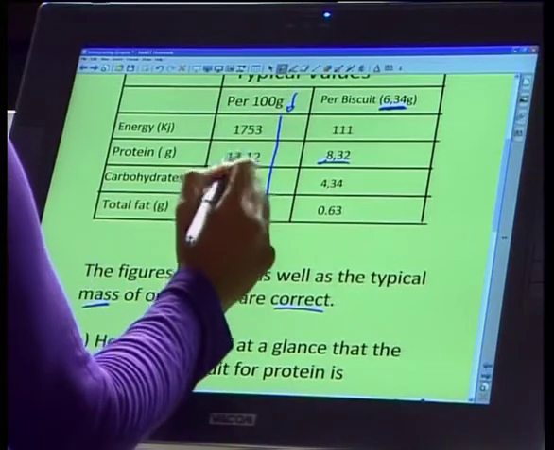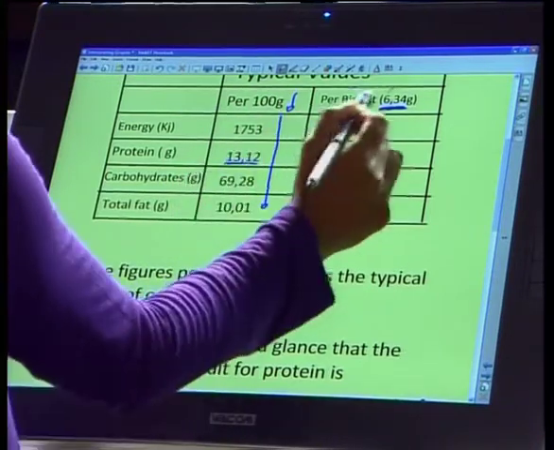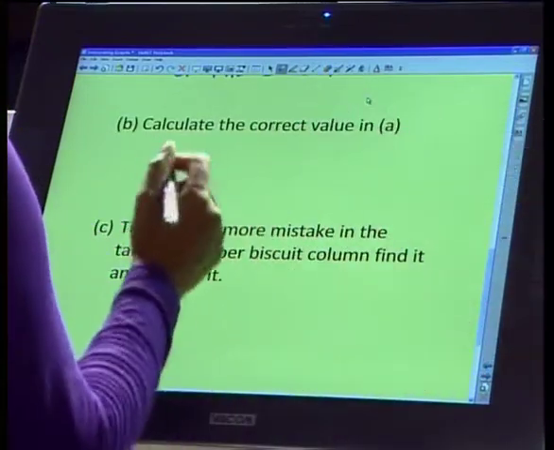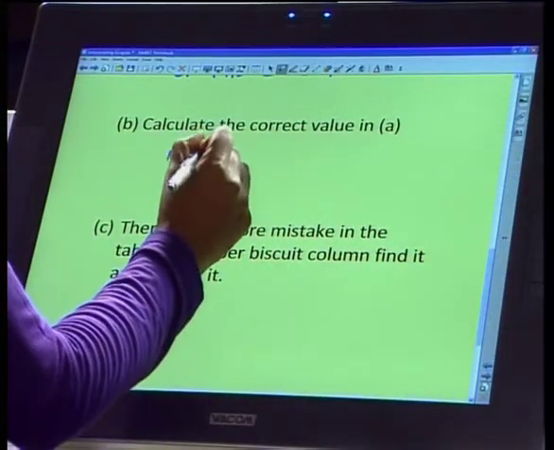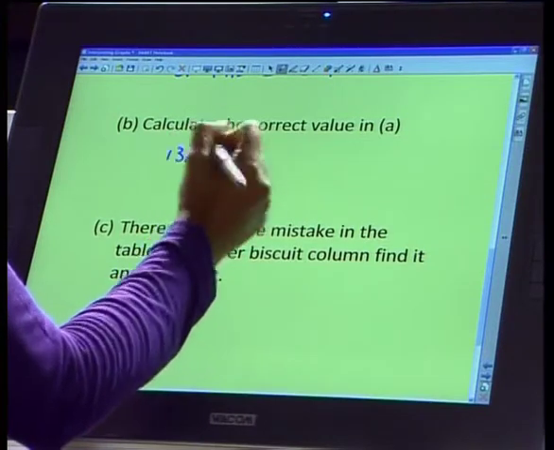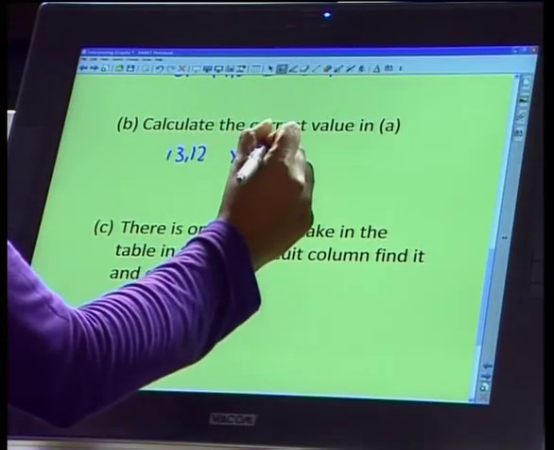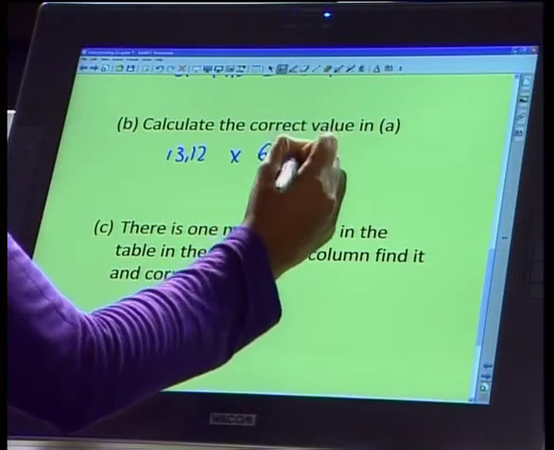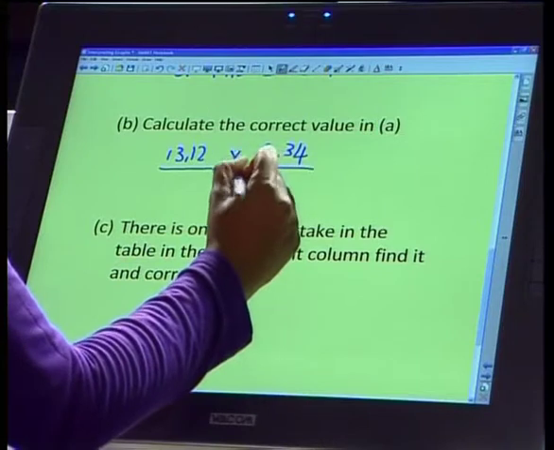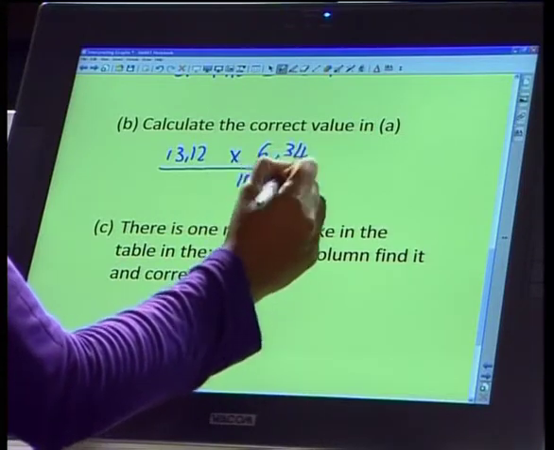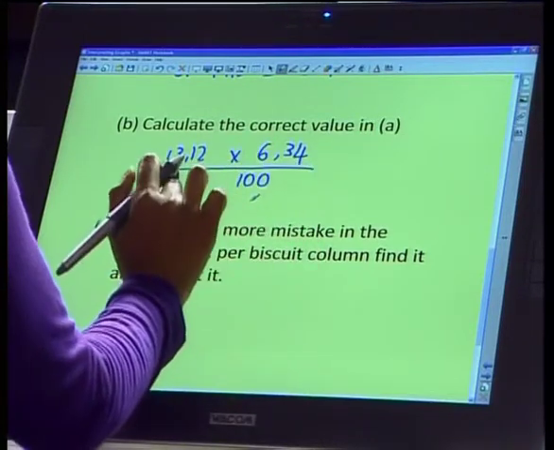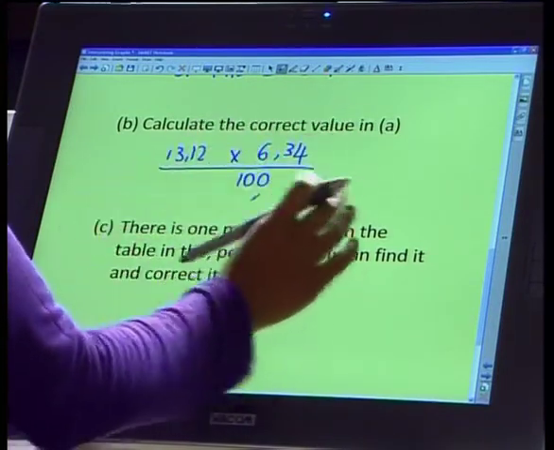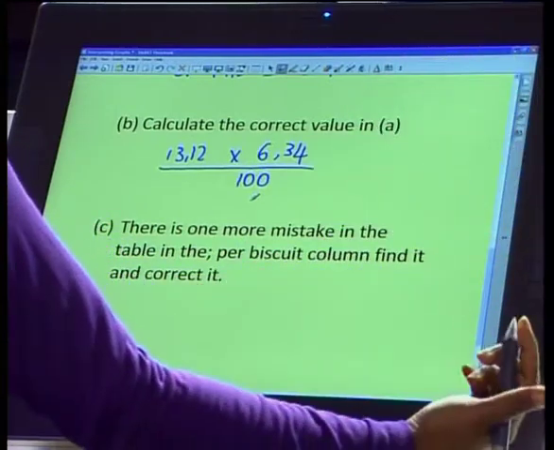So if I would like to work out what that translates to per biscuit, all I have to do is take 13.12 and times that by the mass of each individual biscuit, and then we're going to divide it by the number of grams that we were given, which is 100 grams. So we take 13,12 times that by 6,34 over 100. So in other words, we get it into the correct proportion.